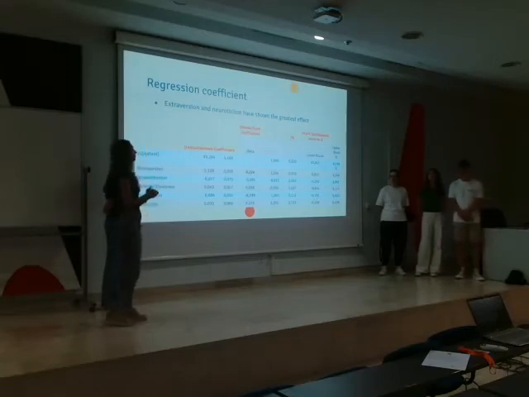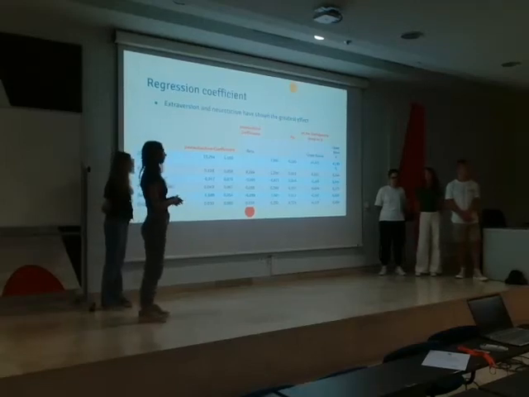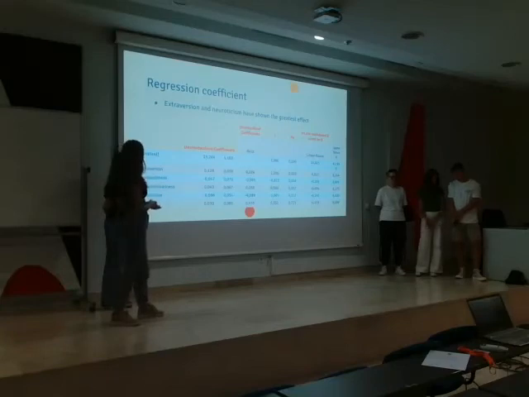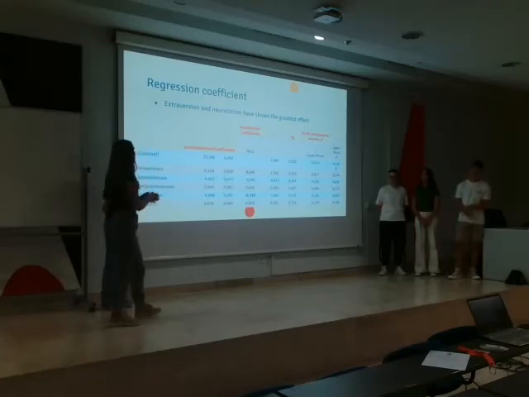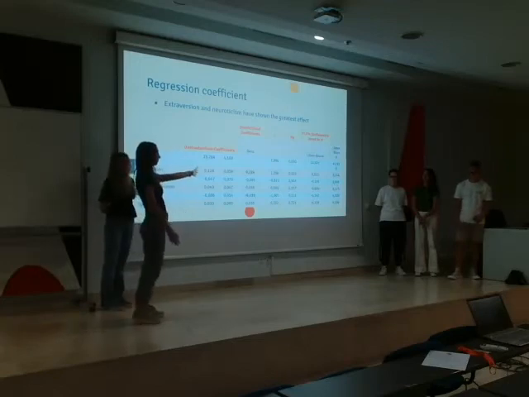It consists of two things. One is the dependent variable, which in our case was attitude, and it consists of independent variables. There can be two or more of them, and in our case those were the personality traits. The regression method calculates everything, and then we get the beta coefficient.